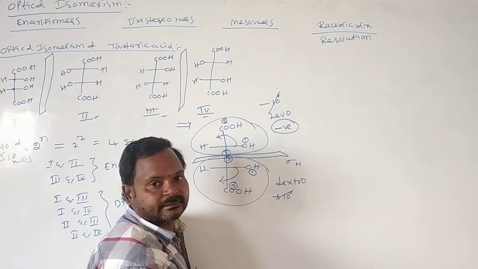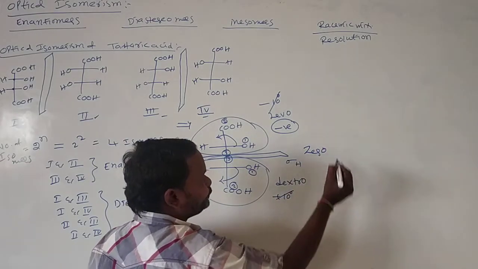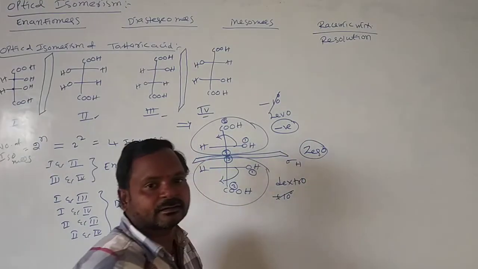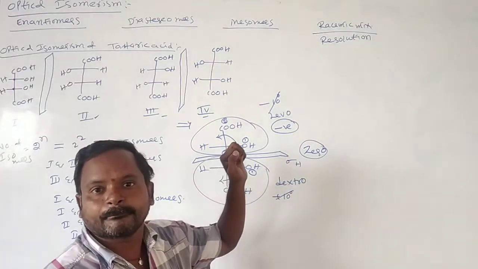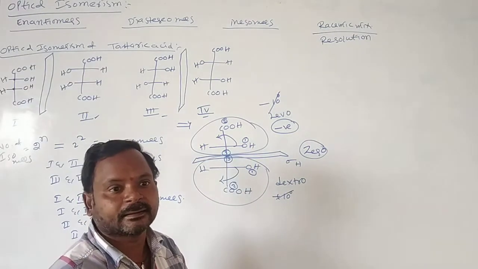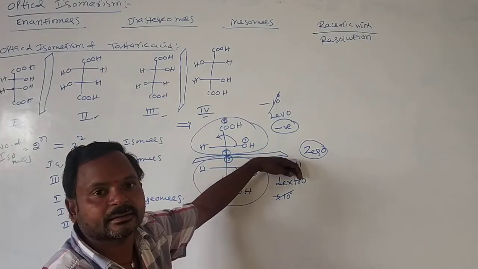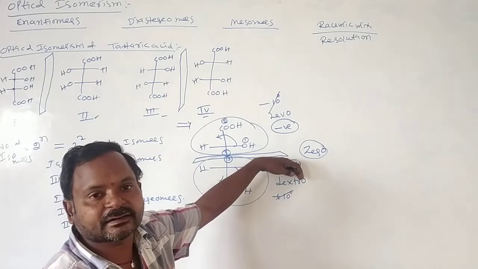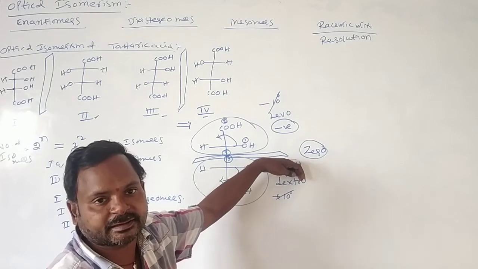Plus 10 degrees. Okay, that net rotation is 0. Suppose this molecule is kept in a polarimeter experiment, one which has a plane of symmetry, a center of symmetry, an axis of symmetry, or an alternate axis of symmetry.